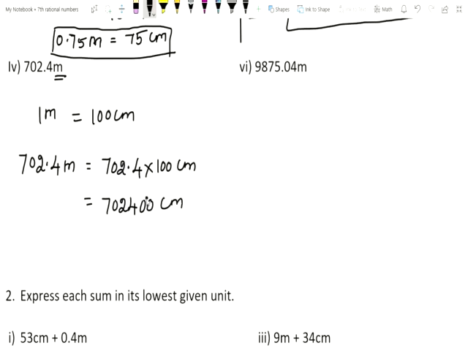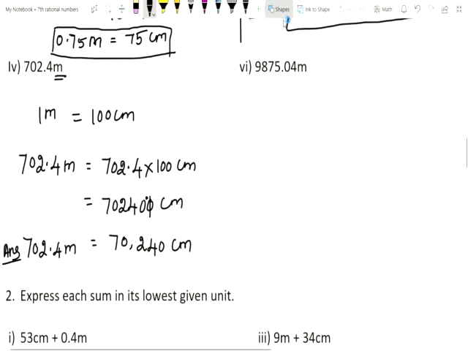So here you keep the decimal, so you cancel this. What you will get? 70,240 centimeter. So 702.4 meter equal to 70,240 centimeter. Do you understand, children?